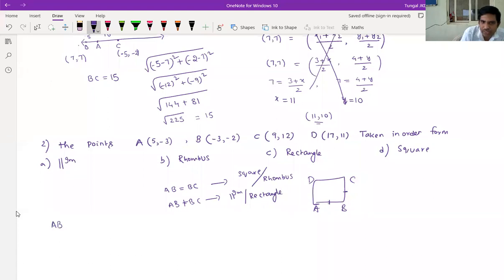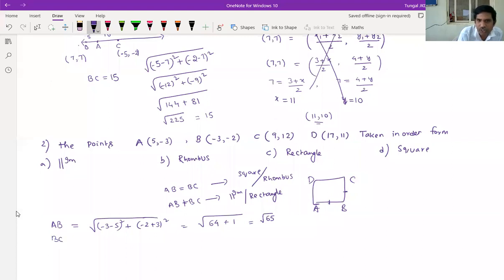First, we have to calculate the AB distance. What is the AB distance? We get root over (-3 - 5) whole square plus (-2 - (-3)) whole square, that is (-2 + 3) whole square. -3 - 5 is -8, whole square is 64. -2 + 3 is 1, square is 1 only. So the AB distance is root 65. Next, we calculate the BC distance.